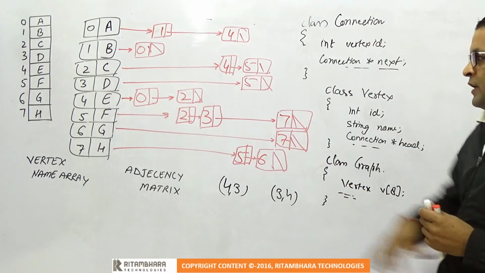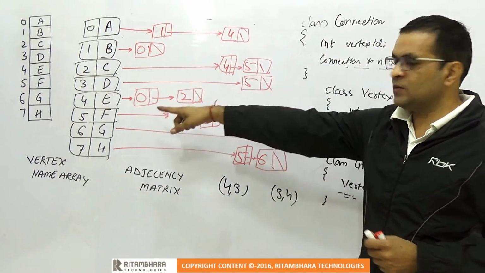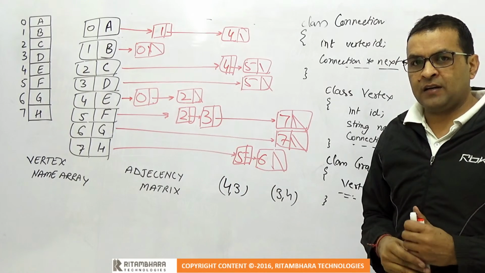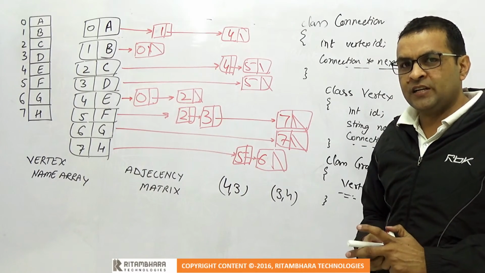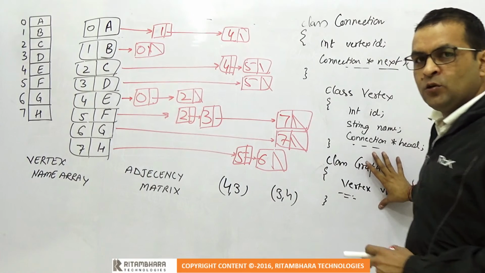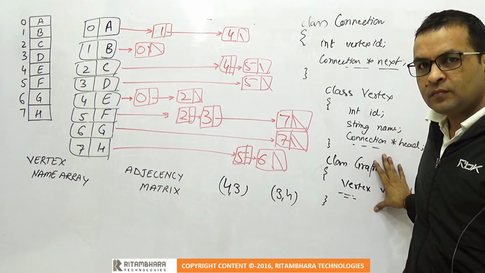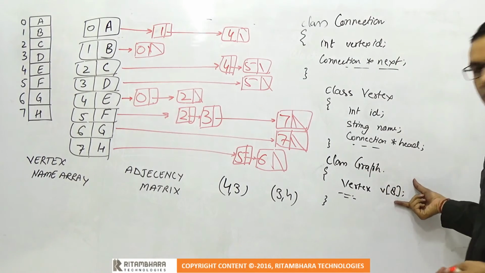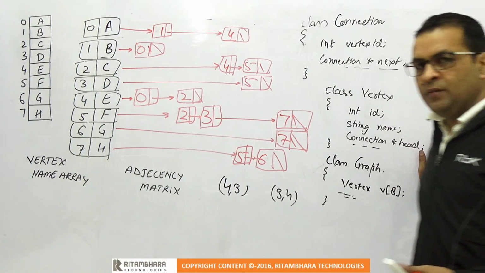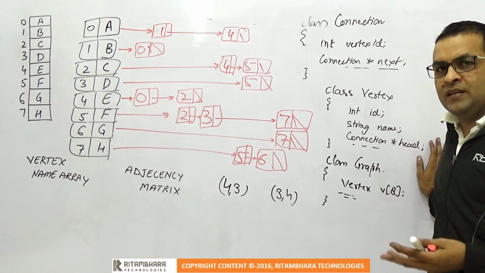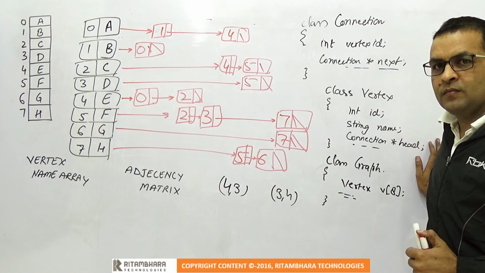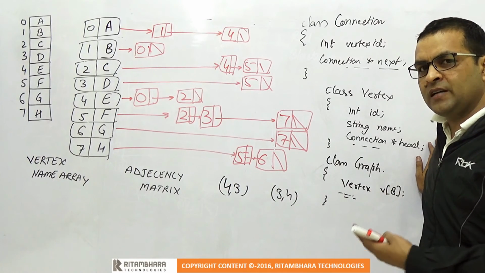So there are three classes, one representing this, one representing that, and then a graph class. If a user wants to instantiate a graph, then he just needs to create an object of the graph class, and probably this vertex array needs to be a variable length array whose length is defined in the constructor of the graph, and we just need to implement certain methods inside this graph class.